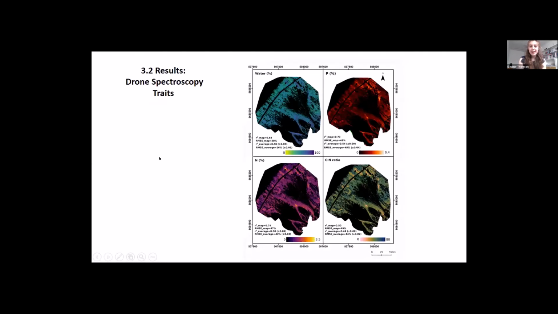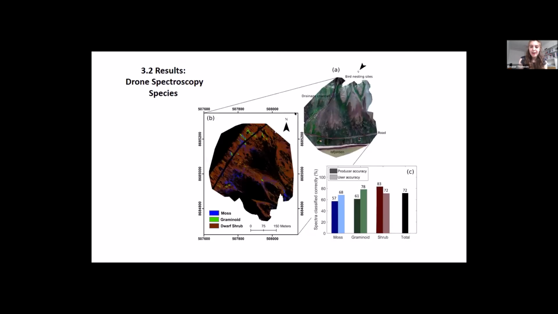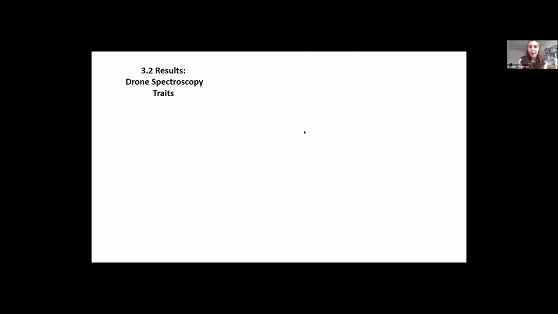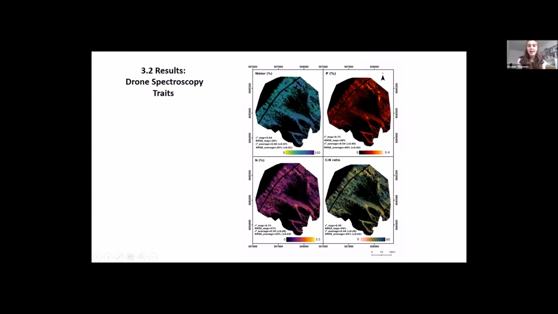And again, here's some trait information for the bird cliffs. So we have very moist vegetation here where the graminoids are in these wet areas. And then actually, as you can see, we have this drainage channel coming down here. And at the outlet of this drainage channel, we often had very high nitrogen and phosphorus values.